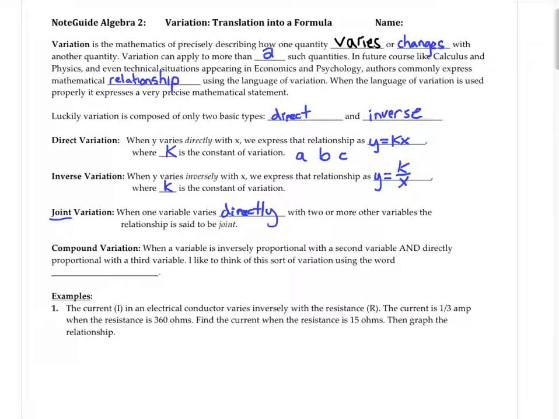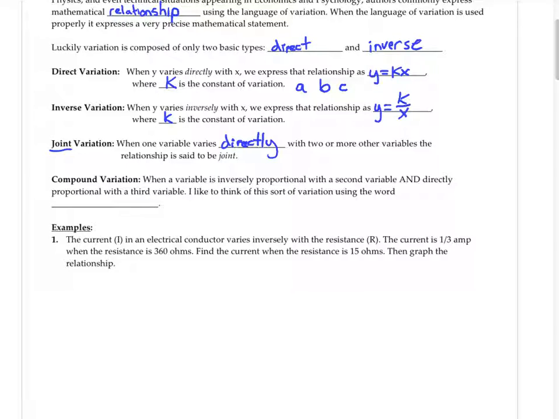And then every once in a while I hear this word compound variation. Sometimes I like to use the word combined. I actually have seen both word choices in different situations. It's usually not used. Usually they'll just say one thing varies inversely and another varies directly, but that's what compound or combined variation really is.